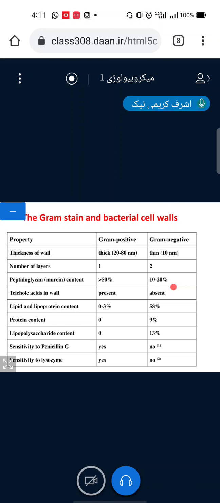Lysozyme is a type of enzyme. Sensitivity to lysozyme in gram-positive is yes, and in gram-negative is no. Gram-negative bacteria are not sensitive to lysozyme.